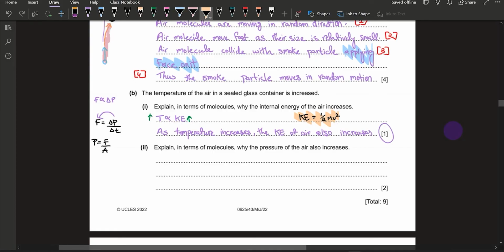So as you increase the kinetic energy, the momentum increases, therefore force increases. Since force increases, the pressure also increases. So we can write down here that as the momentum increases, pressure increases. And we can mention our equations here, which are going to be: pressure is directly proportional to force, and force is directly proportional to change in momentum. We'll get 2 marks for this. And we are done with question number 4.